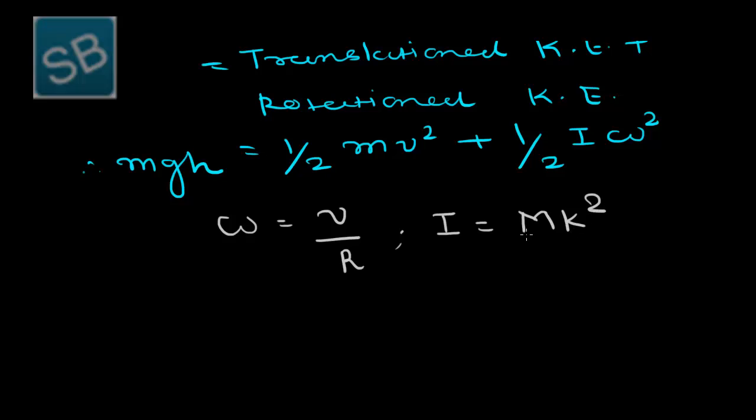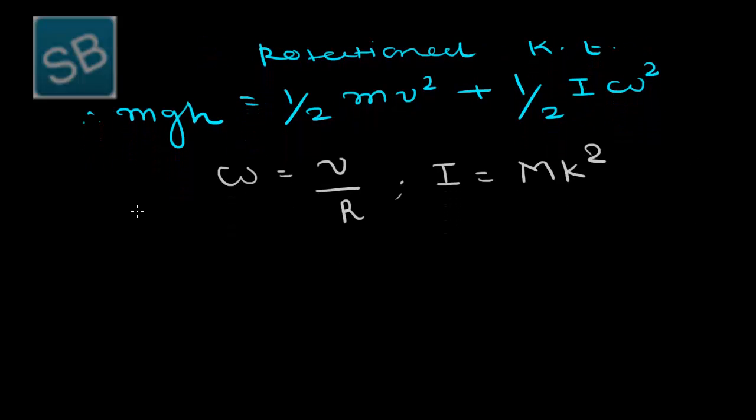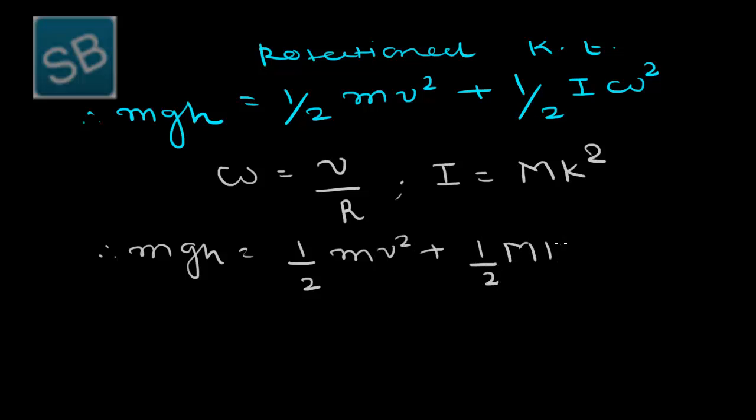So substitute these two relations in the above equation, and therefore mgh is equal to 1 by 2 mv square plus 1 by 2 mk square into v square over R square.